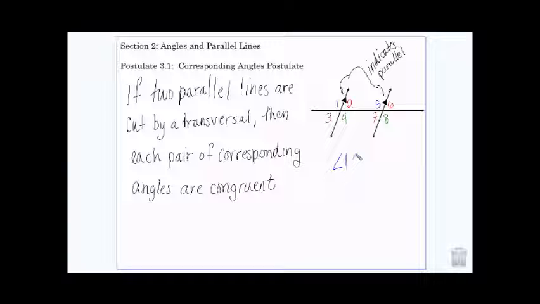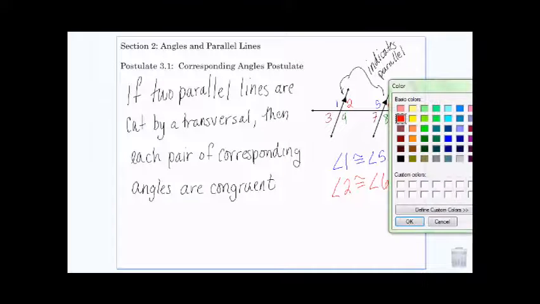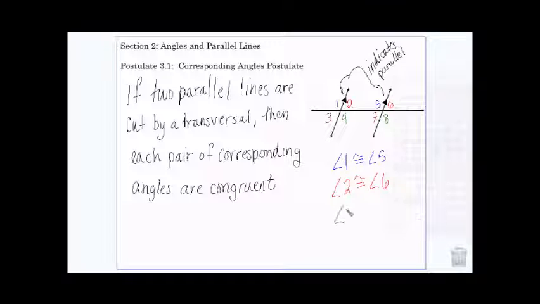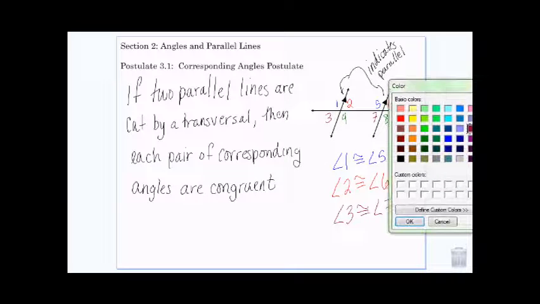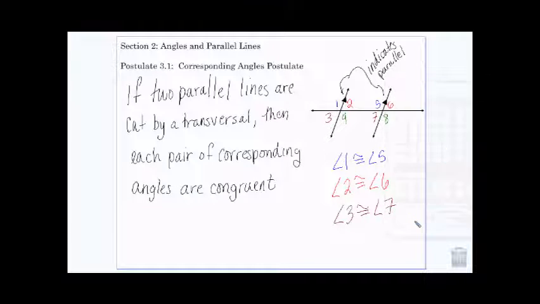So angle 1 is going to be congruent to angle 5. Angle 2 is congruent to angle 6. Angle 3 is congruent to angle 7. And finally, angle 4 will be congruent to angle 8.